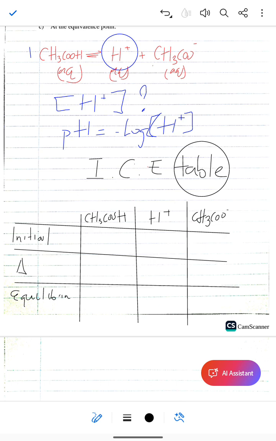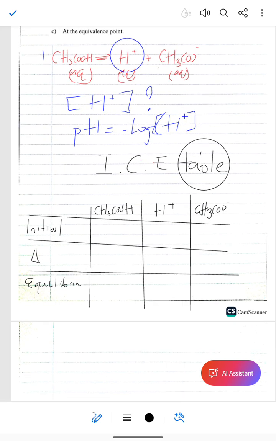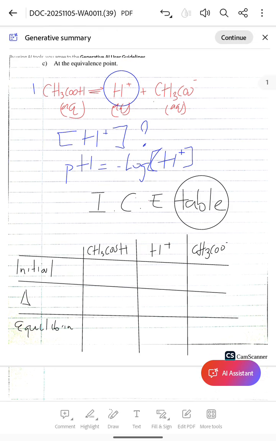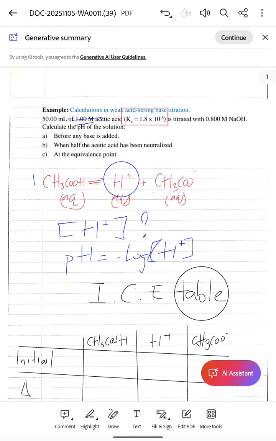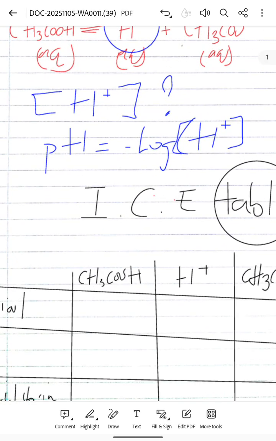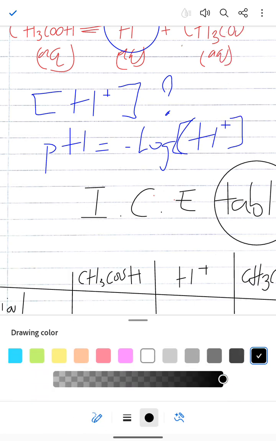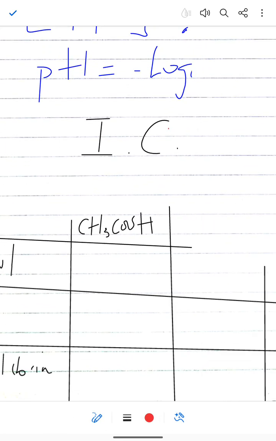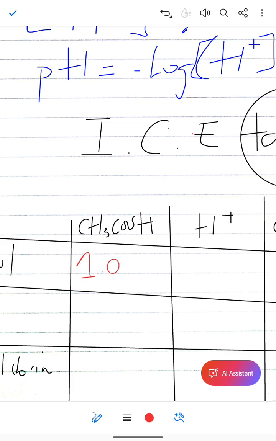So the initial molarity of the acetic acid, you were given, is simply 1.00.